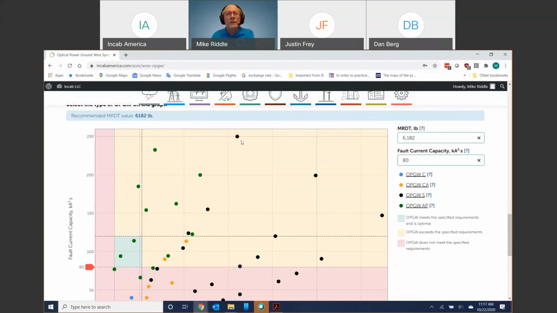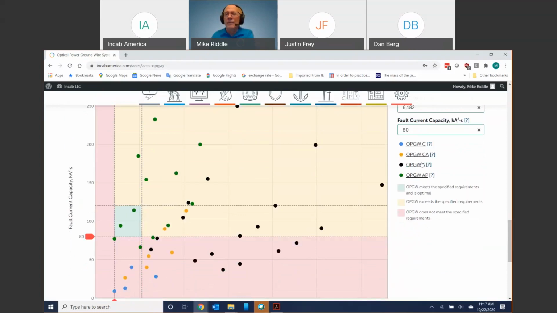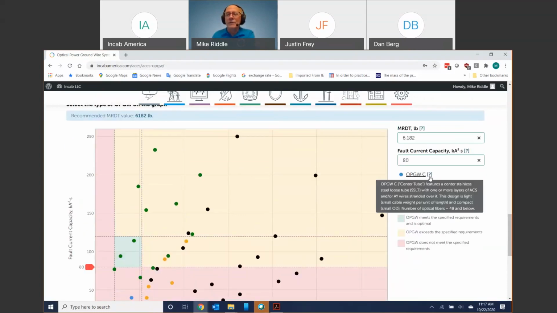The color dots give you information about the type of cable that it is. So a blue dot is a type C cable. If you don't remember what a type C cable is, you can hover over the question mark and it'll explain it to you. So that's a plain stainless steel center tube type design.